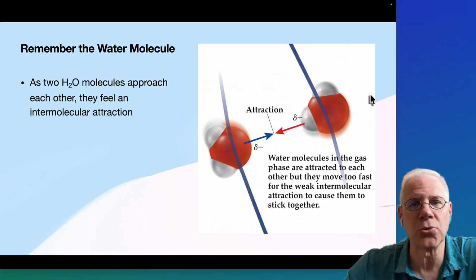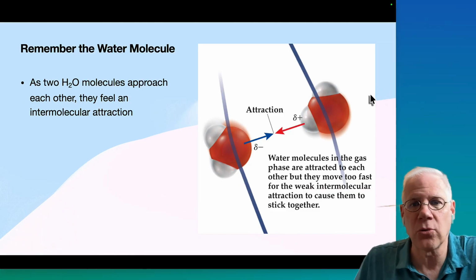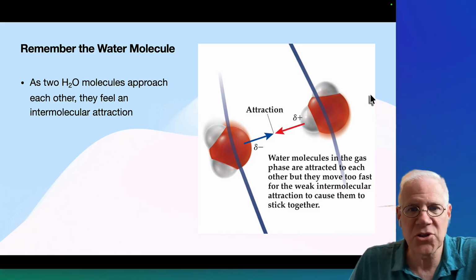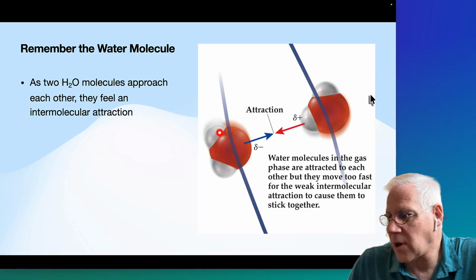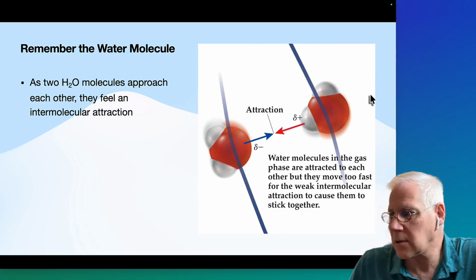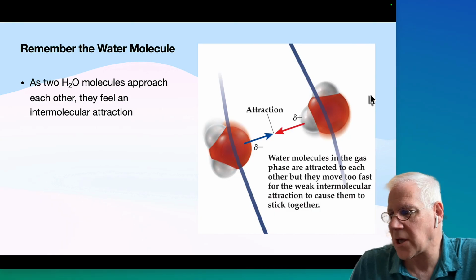Well, let's go back to what we know about a water molecule. We know that water molecules are polar. The oxygen is highly electronegative, and so it pulls in electron density from those hydrogen-oxygen bonds right there, and it creates a delta minus on those oxygen atoms.